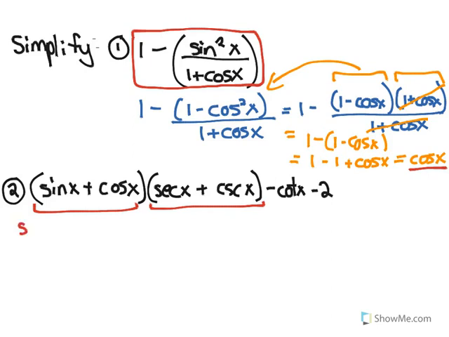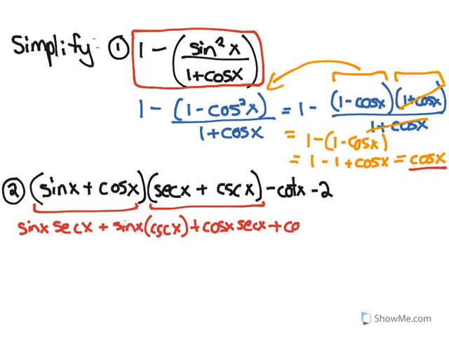So I get sine x times secant x plus the outside terms will be sine x times cosecant x plus the middle terms will be cos x times secant x, and the last terms will be plus cos x times cosecant x. And then I still have my minus cot x and my minus 2 hanging out.